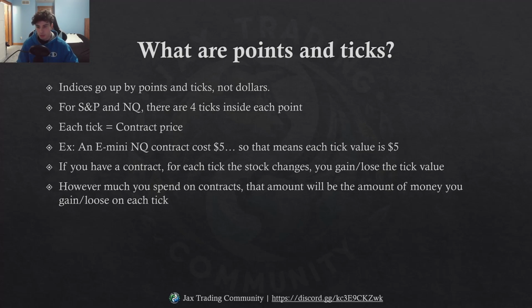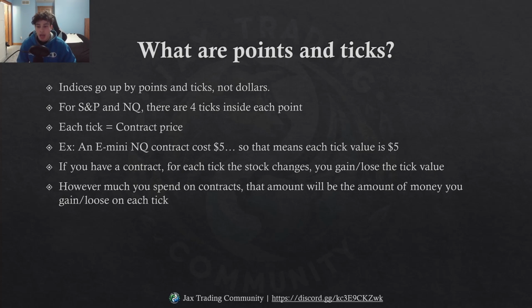When you're buying an E-mini NQ contract, it will cost you $5, and that means each tick value is $5. So if you have a contract, for each tick the stock changes, you can gain or lose the tick value. I'll also give more examples on this in the next couple slides.